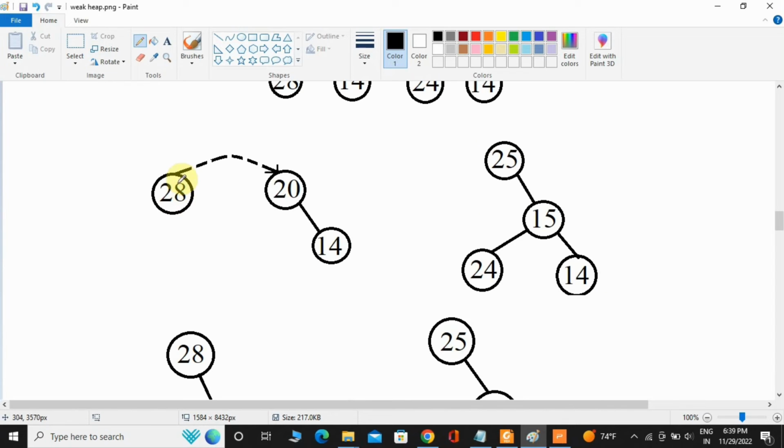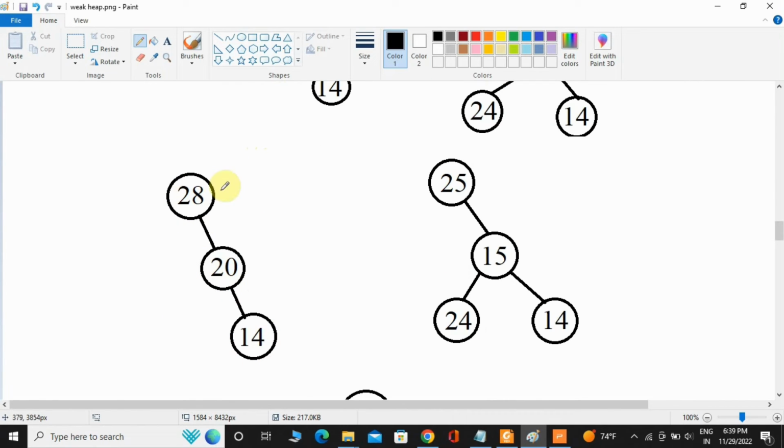And now we merge 28 again back to this tree. It's going to look like this, and now we compare the root values of these two trees.